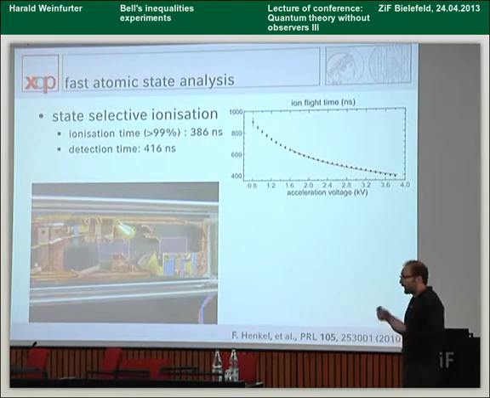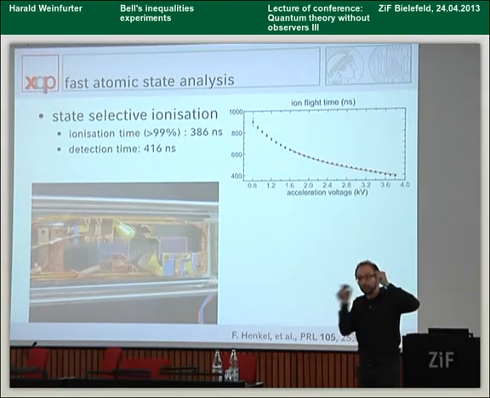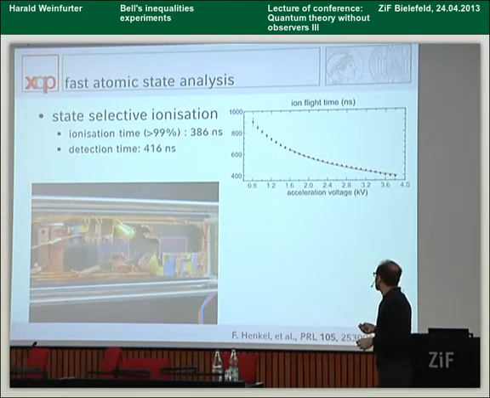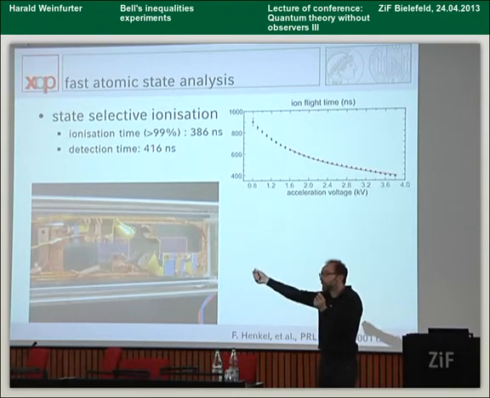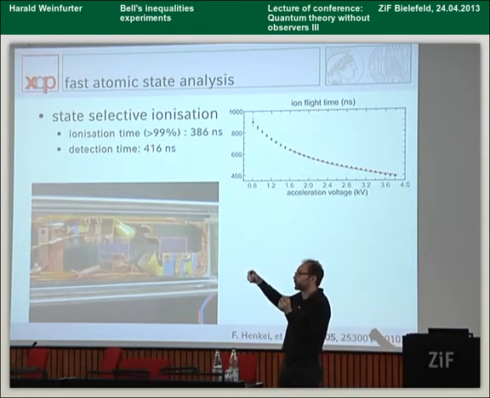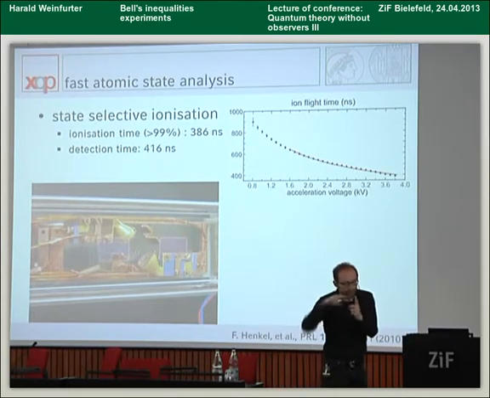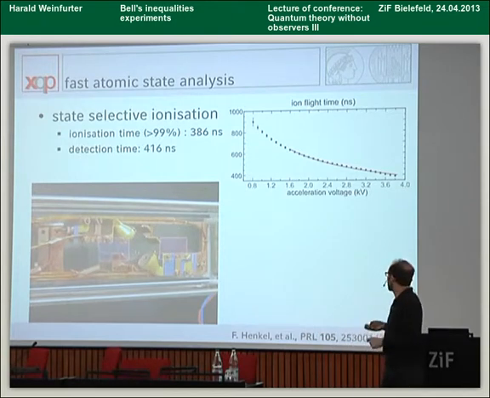The other thing is that we have ionized it with this laser pulse. Now we have to collect the ion and the electron, and to do this we have to wait quite a while, actually. The electron, of course, is accelerated immediately into this channeltron detector and gives you this output pulse, which takes another 100 nanoseconds, but never mind.